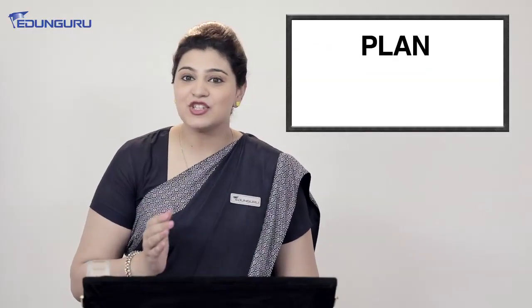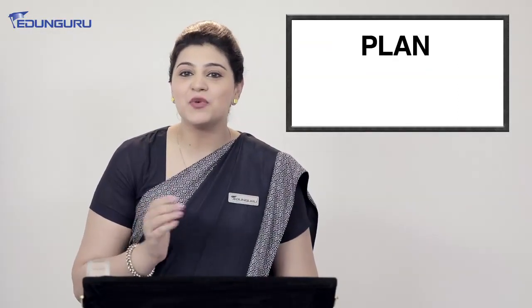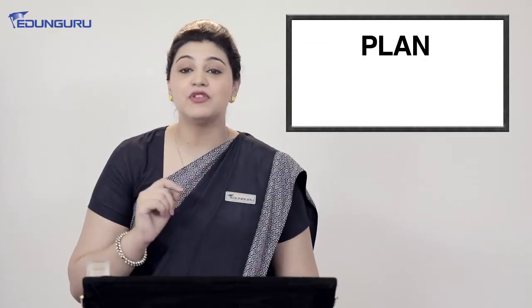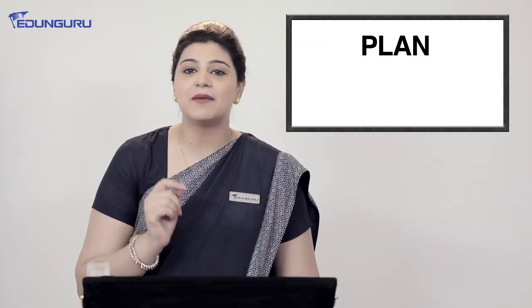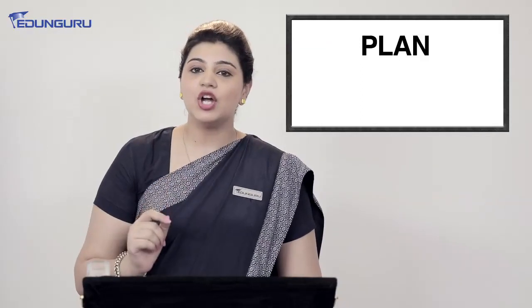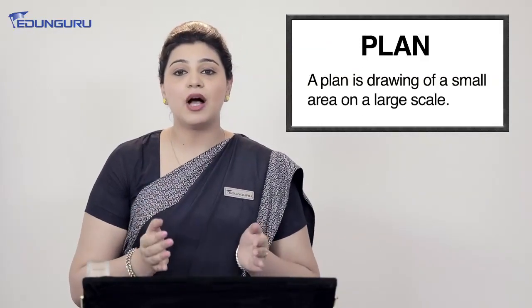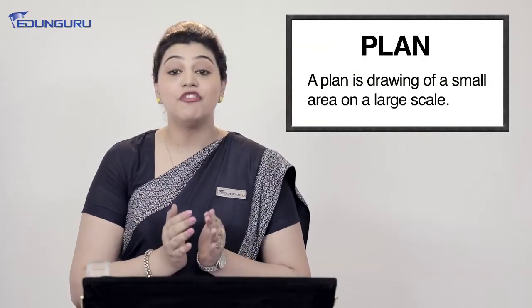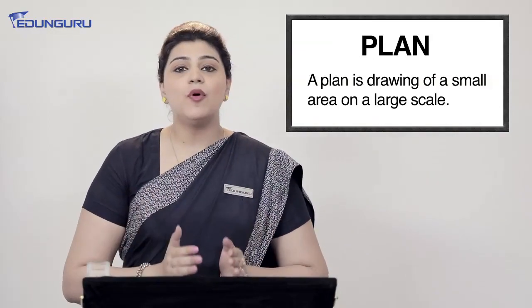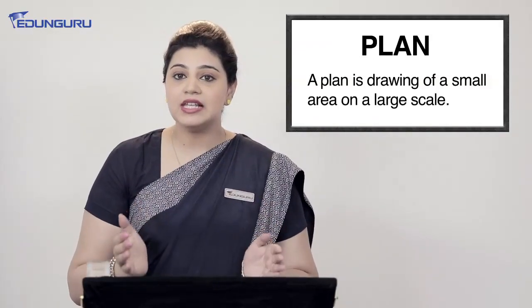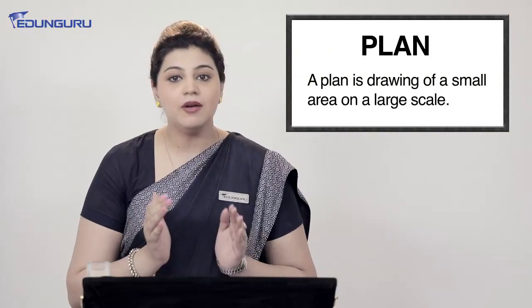Now let's talk about what is a plan. It is not the kind of plans that you make out with your parents for picnics. When we talk about geography, a plan is something different. In geography, plan is about talking about a particular small area on a very large scale. Suppose I talk about a society layout on a piece of paper on a map. But now I don't want to know about the society as a whole, the apartments as a whole.